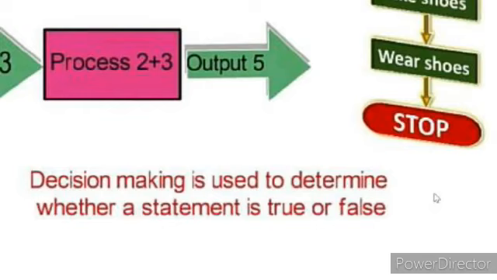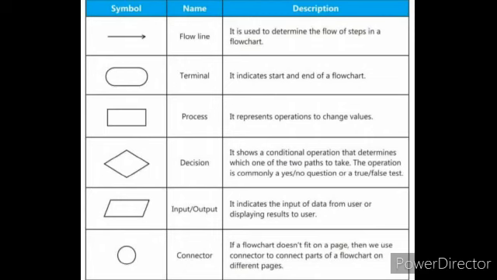Now we are going to discuss the symbols of a flowchart. First symbol is arrow and the symbol name is flow line.